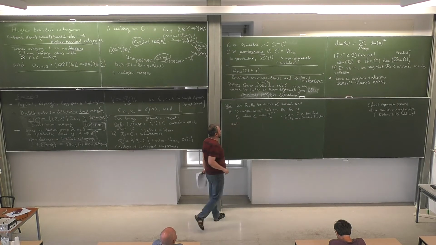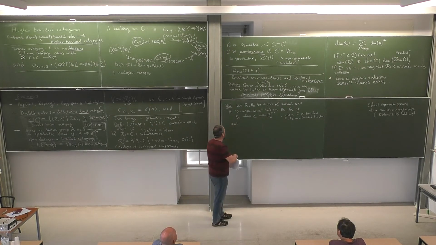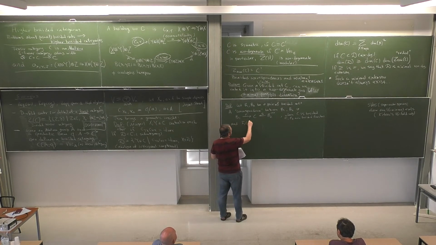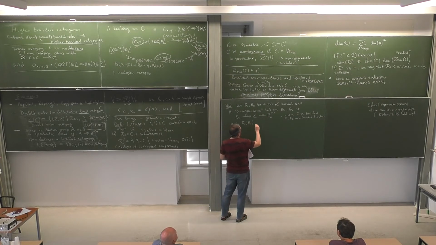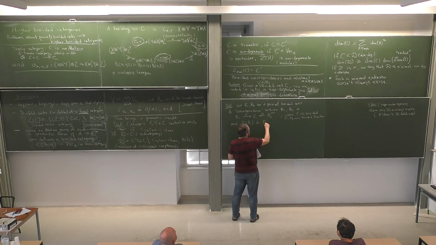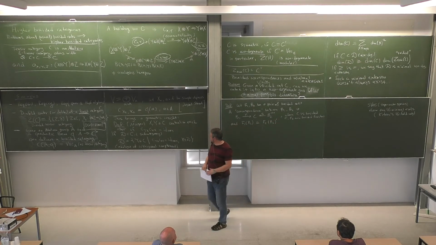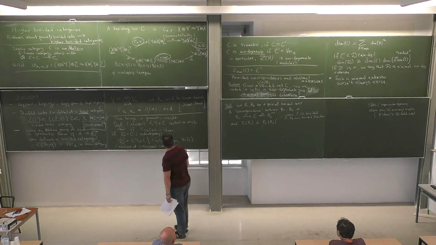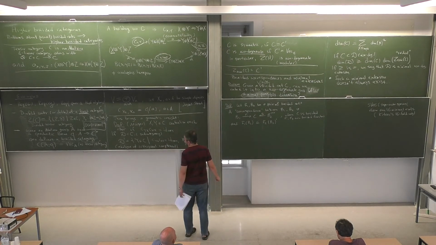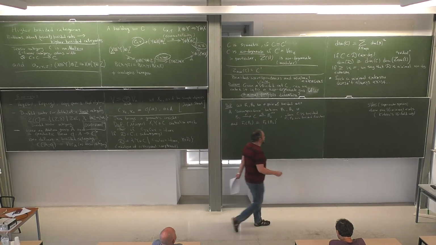And the images of B1 and B2 centralize each other. So F1(B1) is contained in the centralizer of F2(B2). Reverse here is sort of like an opposite. If you have a braiding on a category, then you can reverse it.